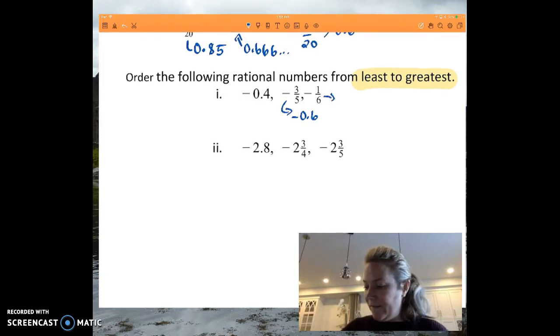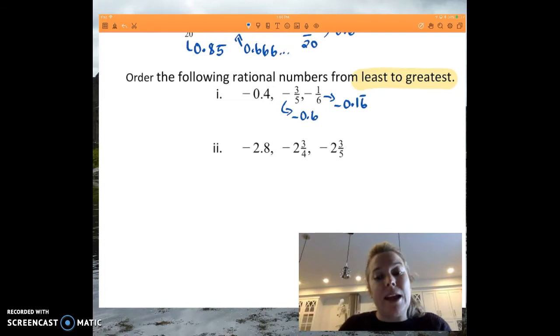And this one is negative 0.16 repeating. Okay, so there we go. I've got negative 0.6 and negative 0.16 repeating. So which one's the smallest?